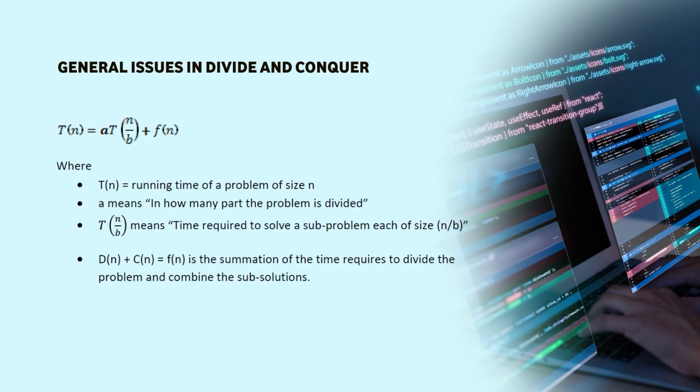So the recurrence relation says that the total time in the divide and conquer method is the time required to solve the subproblems, each of size n/b, plus the time of division and the time of combination of all the subproblems. This recurrence relation represents all this.